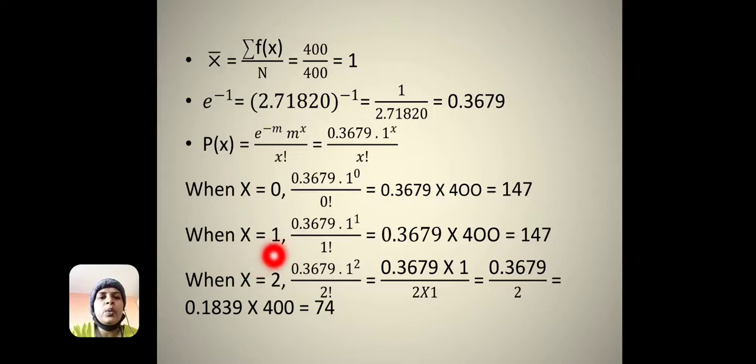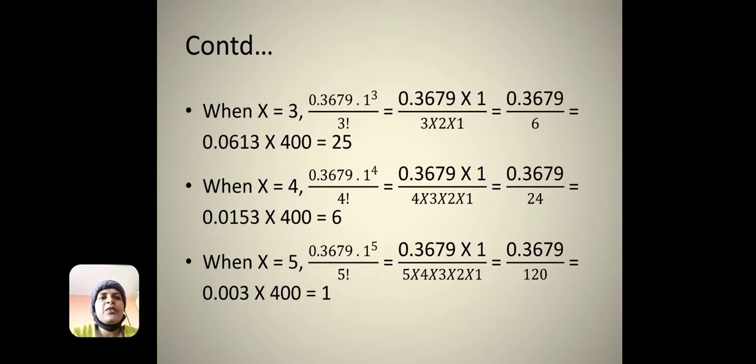When x equals 1, the same 1 is substituted at x, and we get 0.3679 into 400, which is 147. Likewise for x equal to 2, it is 0.3679 into 1 square divided by 2 factorial, so 0.3679 divided by 2, the answer is 0.1839 into 400, which is 74.